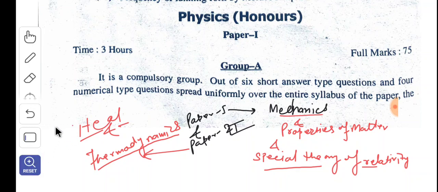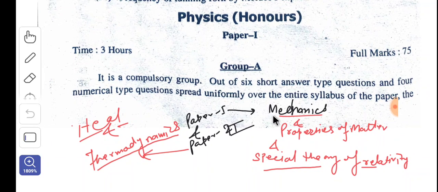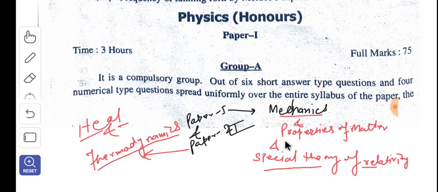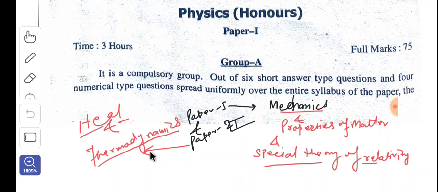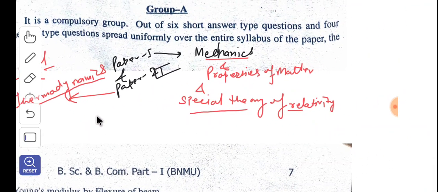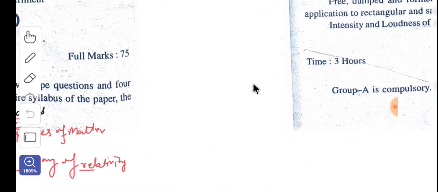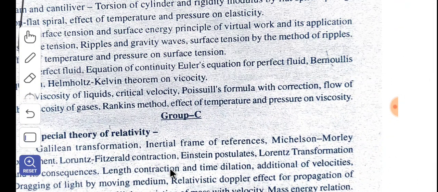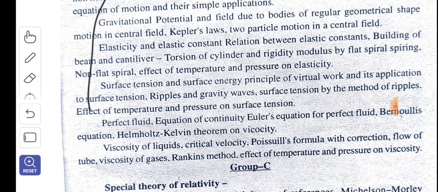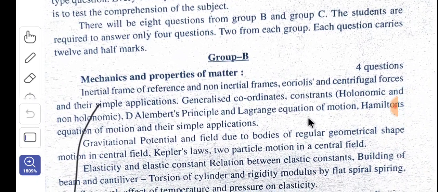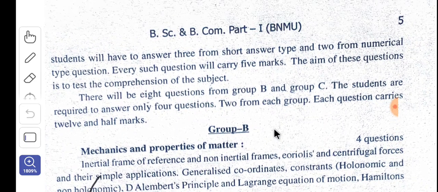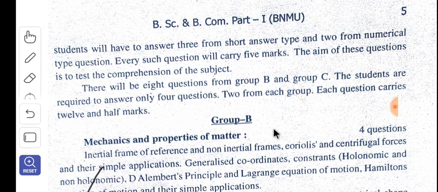First of all, here we are going to see the mechanics and properties of matter, the detailed syllabus of mechanics and properties of matter. This is the syllabus of mechanics.